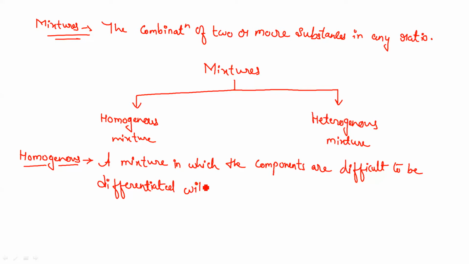In the examples of homogeneous mixture, the first type is the solutions only, because in a solution the particles or the components are very difficult to distinguish among them.